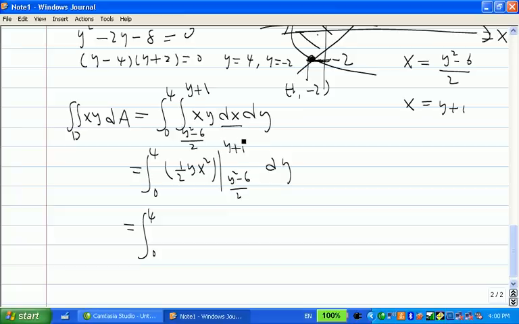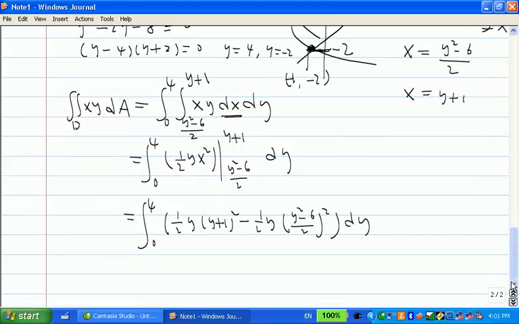Whenever you see x, replace x by y plus 1, so you get y plus 1 squared. Then minus 1/2 y, replacing x by this, so you get y squared minus 6 over 2, the whole thing squared. Then dy.